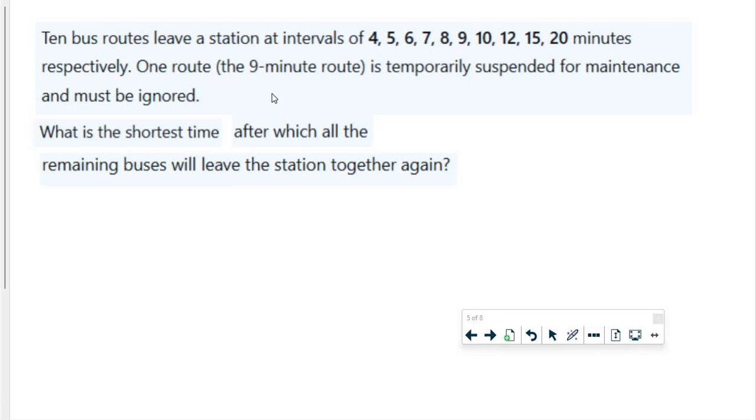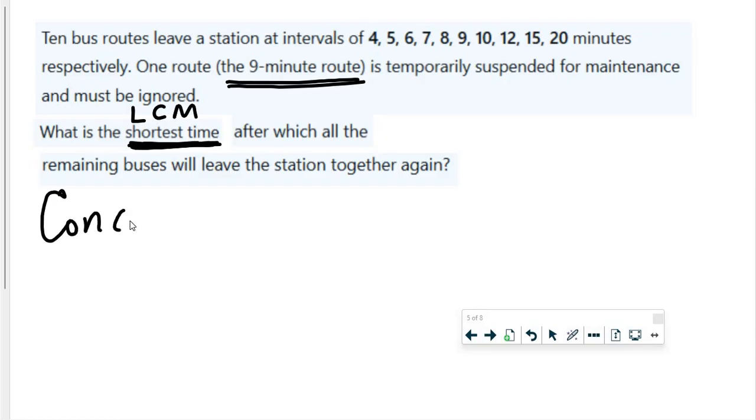One route, which is a 9-minute route, is temporarily suspended for maintenance and must be ignored. If it must be ignored, here comes the question. What is the shortest time after which all the remaining buses will leave the station together? Shortest time. Suggest LOCM.